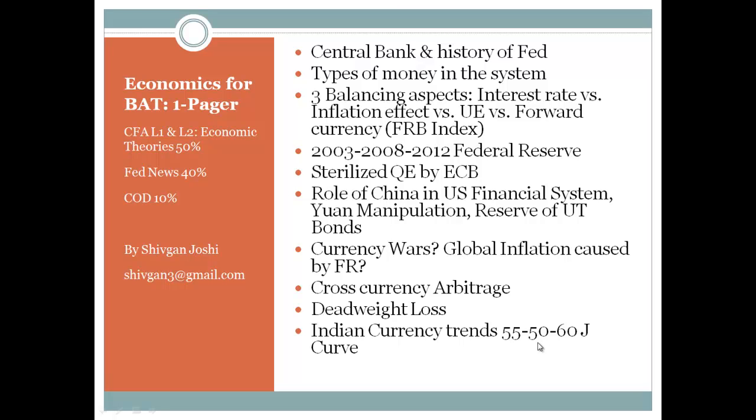To stop it from going further, the Indian government will print rupees, because it has the power to print rupees and pump them into the system, so that this does not go beyond 50, otherwise it will affect their exports. So this extra printing will cause inflation in India. So that's one way to look at it, although there are many effects.